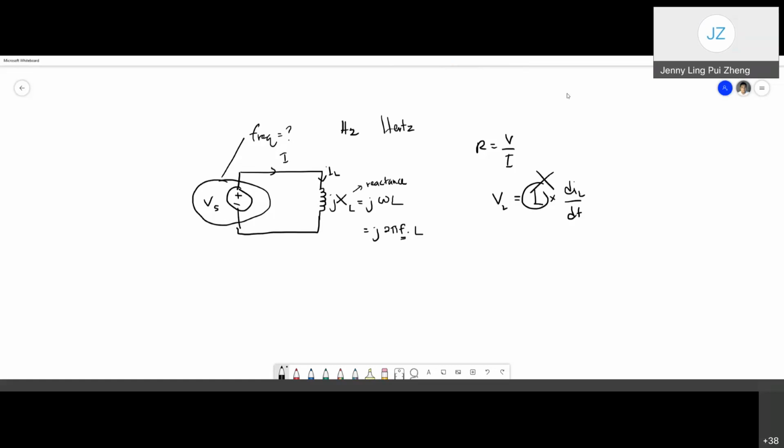Okay, 50 hertz, but that one is actually AC. You know that our grid is an AC system. So this is a DC source, so the voltage is constant, independent of time. So when you have a constant, it means your frequency is 0, right?